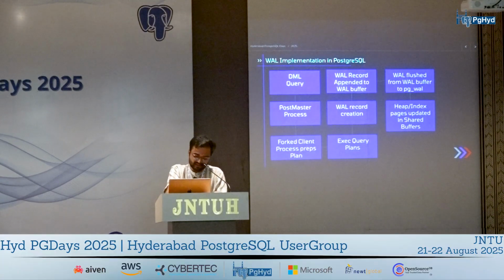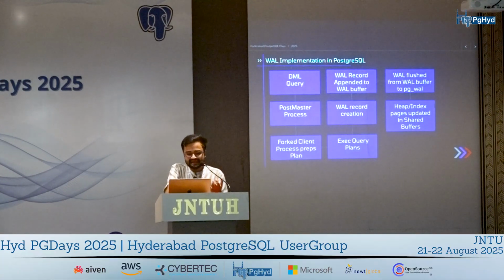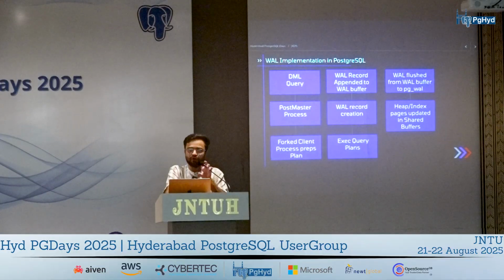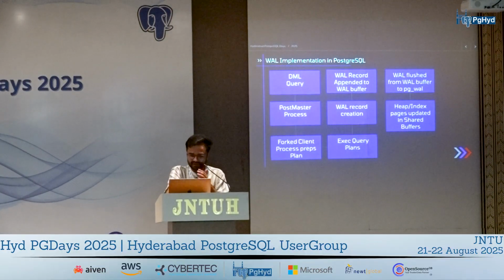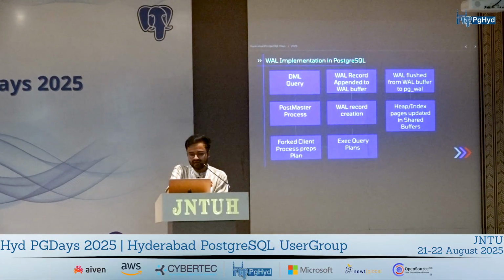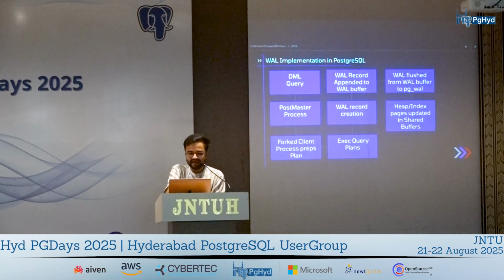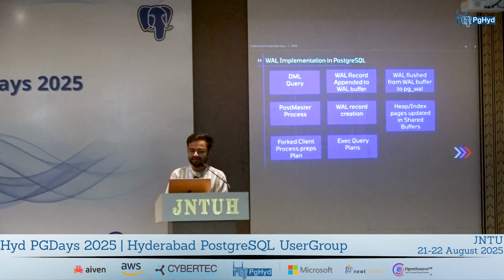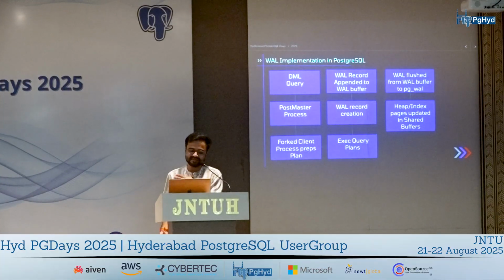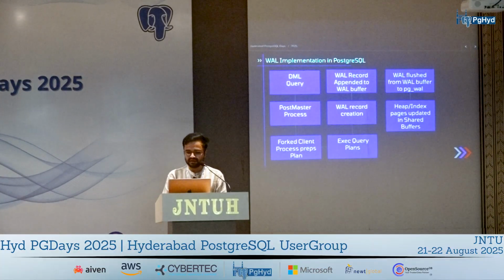Now, before the execution of this query plan, the existing operations that you have logged in the WAL file are dumped to the disk. After which you append this particular operation into the write-ahead log, and it is then that you actually go ahead and manipulate all the heap and index pages that you brought into the shared buffers.